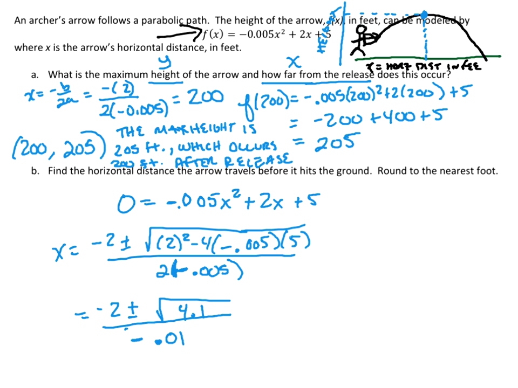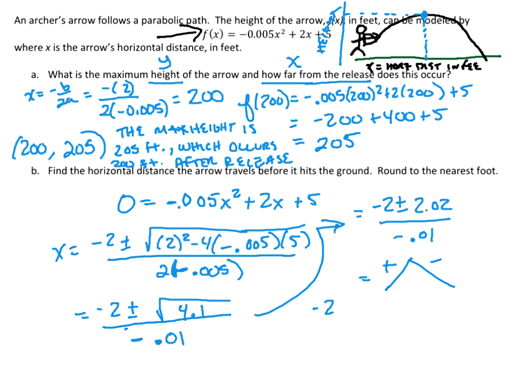Okay, so we have, up over here, negative 2 plus or minus the square root of 4.1, which is approximately 2.02, over negative 0.01. So we have a plus and a minus. So negative 2 plus 2.02 over negative 0.01, and negative 2 minus 2.02 over negative 0.01.